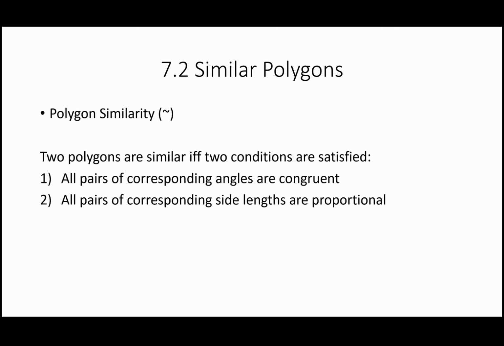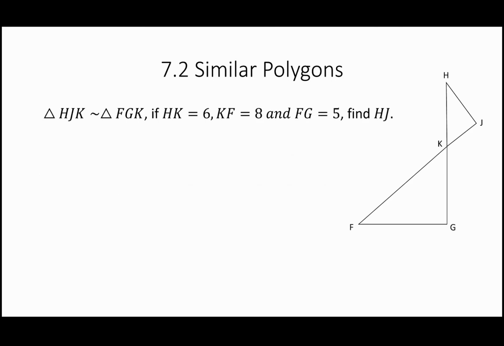So if all of that I just said was gobbledygook nonsense, do not worry, I have examples coming that are going to highlight the details associated with solving proportions that contain an unknown. Okay, so we're going to dive straight into an example right away, and here it is.